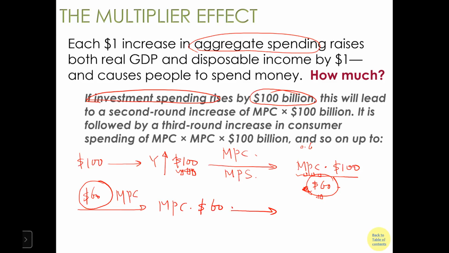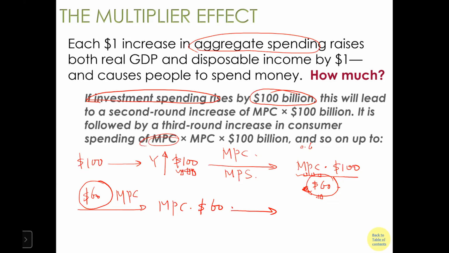Because whenever someone in the economy spends, the money you, me, or someone else spends becomes somebody else's income. Then with additional income, whether it's me, you, or somebody else, they're going to spend based on MPC. So this process will keep moving.